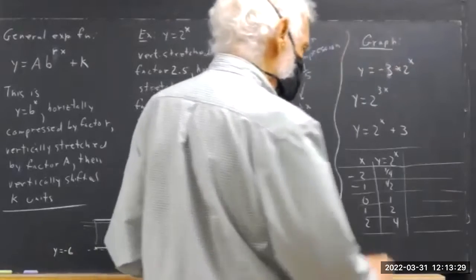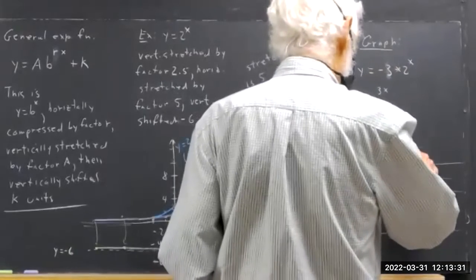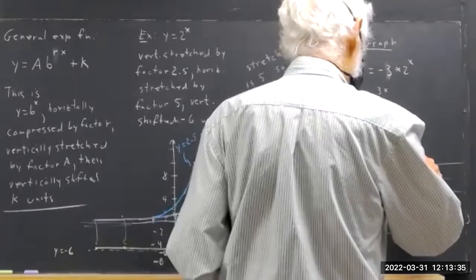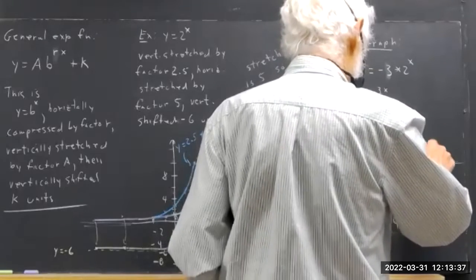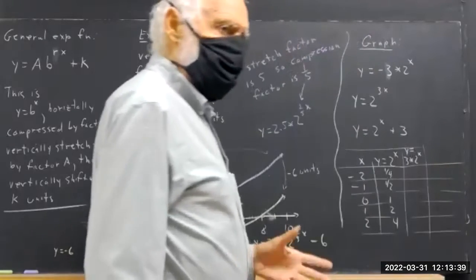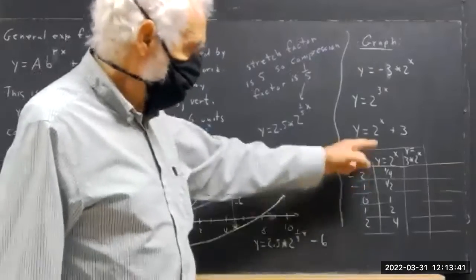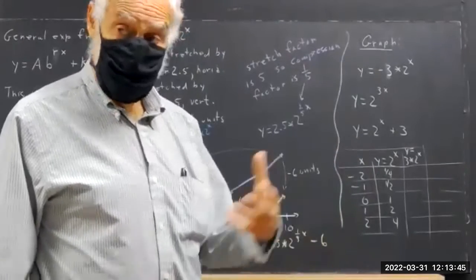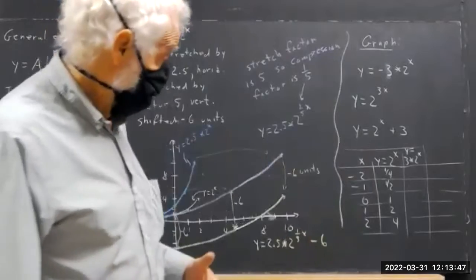Just going to extend this. If you're going to graph by transformations, you start with the table for your basic function and draw the graph. Okay, so that's automatic. You want to do that.